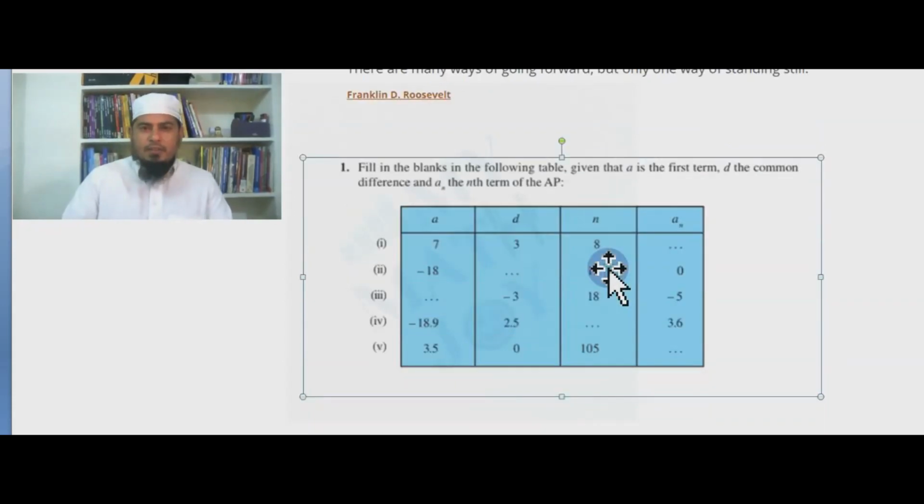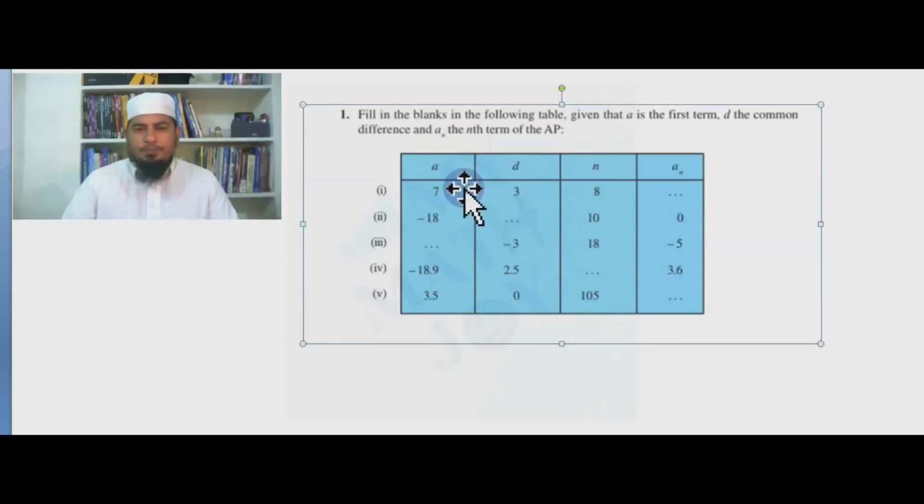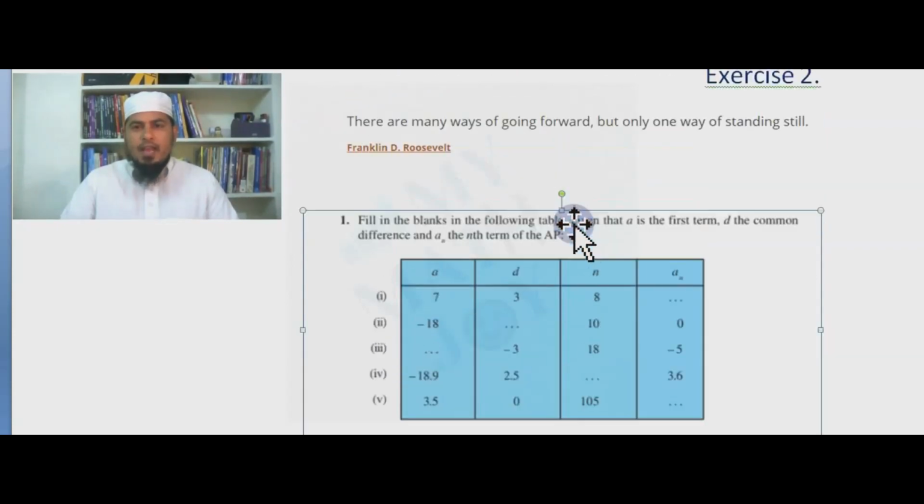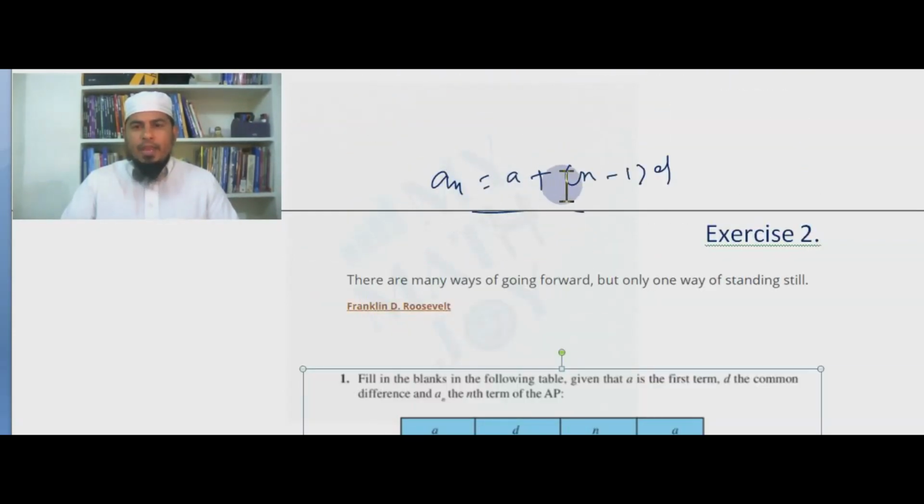So here is the first question of exercise 2. Very nice. Let us read the question. Fill in the blank in the following table given that A is the first term, D is the common difference, and N is the number of terms, AN being the nth term. When these four things are given and the formula AN is equal to A plus N minus 1 D has exactly 4 terms, then how to do the problem?